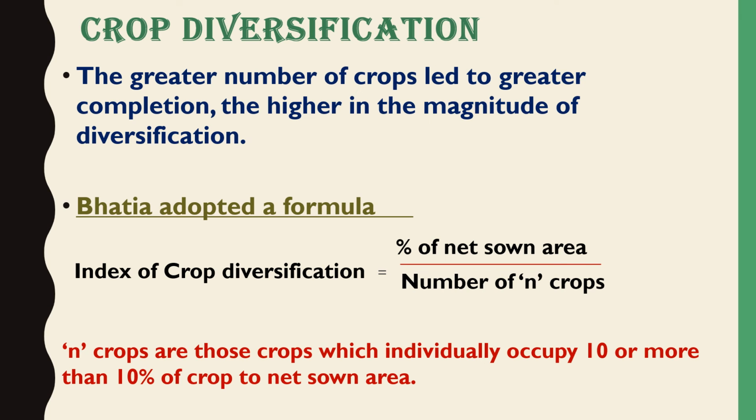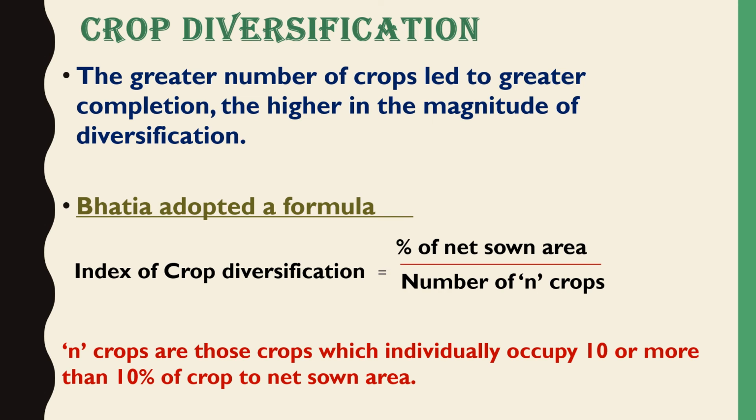So next is crop diversification. Actually, crop diversification is a shift of a crop or maybe cropping system to another crop or cropping system. It is shift from less profitable or less sustainable crop to more profitable and more sustainable crop.